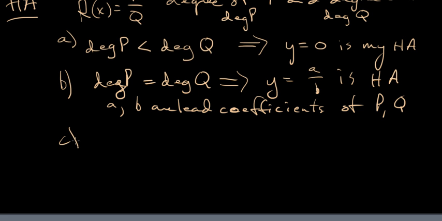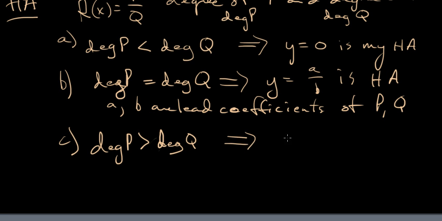And then C, the degree of p is greater than the degree of q. That means there is no horizontal asymptote.